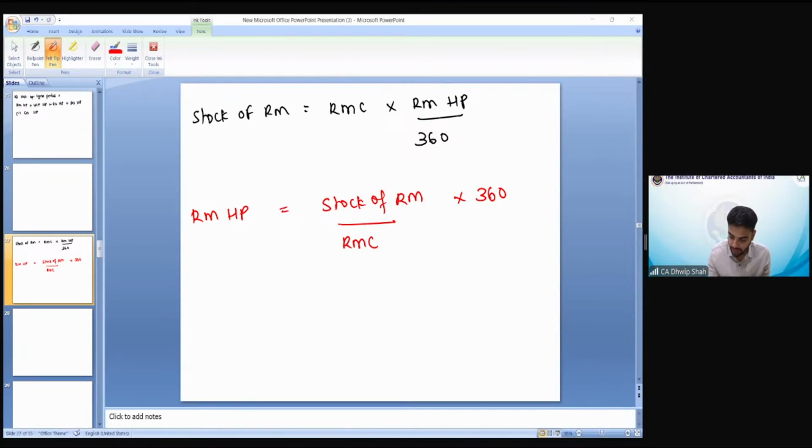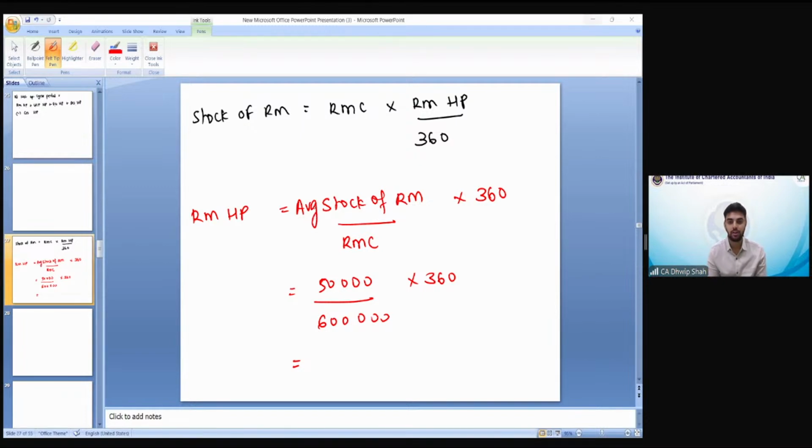So average stock of RM is 50,000 and raw material consumption is 6 lakh. So can I say a raw material holding period would be 50,000 divided by 6 lakh into 360. करो कितना आ रहा है? 50 divided by 6 lakh into 360.